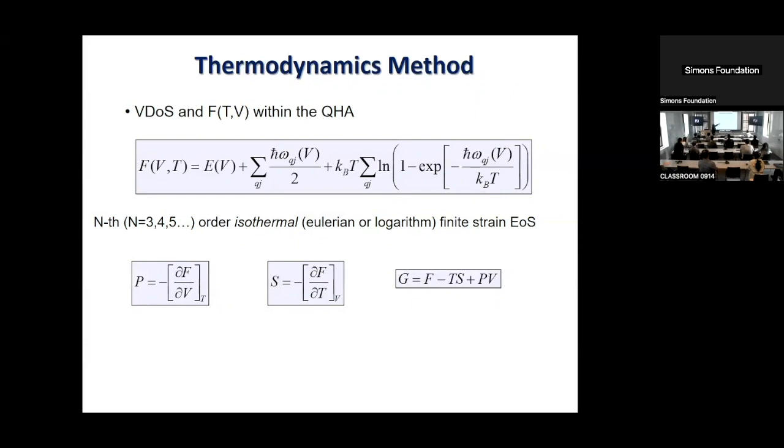The pressure is derived from this expression, but the thermal pressure, the vibrational free energy derivative with respect to volume, is not isotropic. Right, that comes out if you treat the problem at this level. Corrections can be included. It's not major.